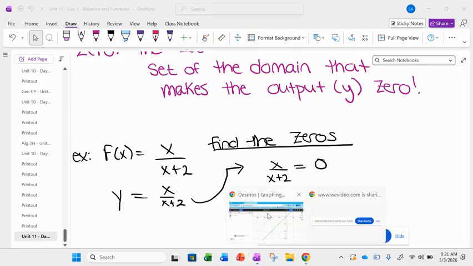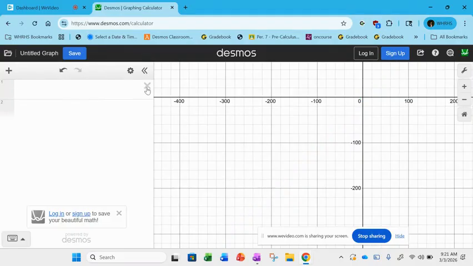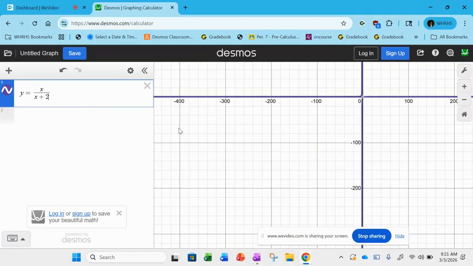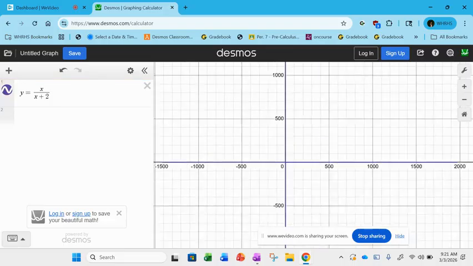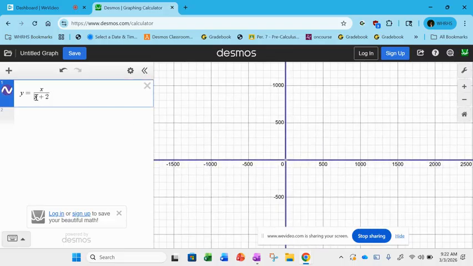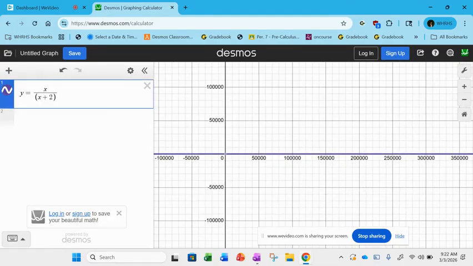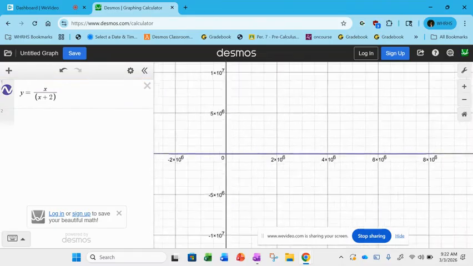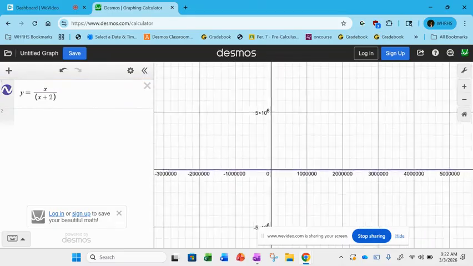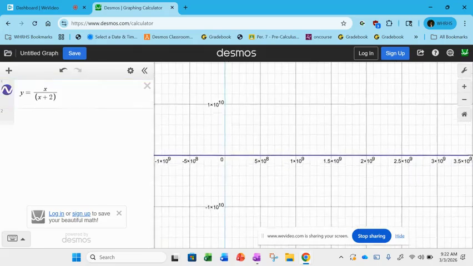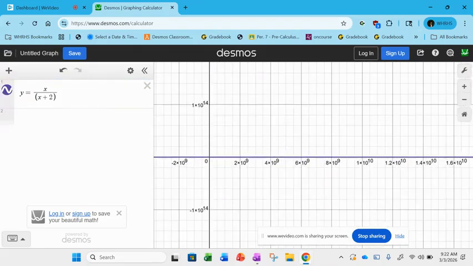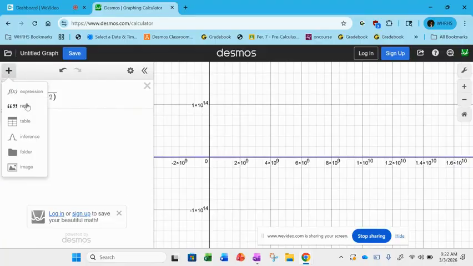So go to Desmos. I have y equals x over x plus 2. Where's that? Let's get a new one here.